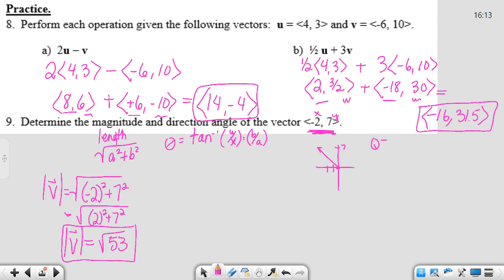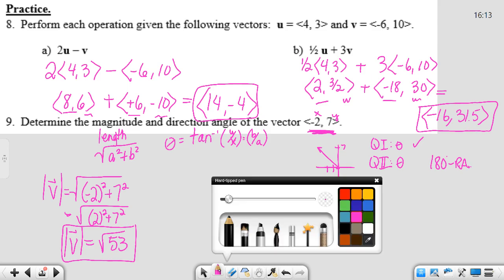So let's review. In quadrant 1, theta is given, it's good. It's going to be an angle between 0 and 90, and you're done. If you're in quadrant 2, in order to find theta, you have to do 180 degrees minus your reference angle. That's actually what we're going to do in this value.